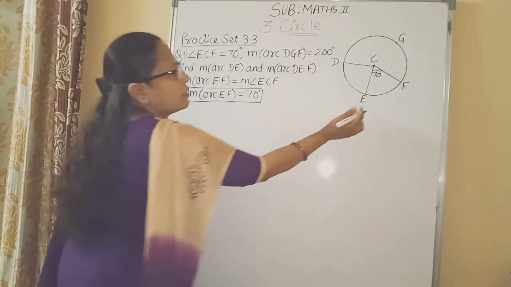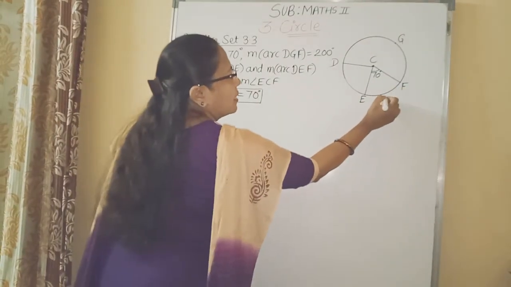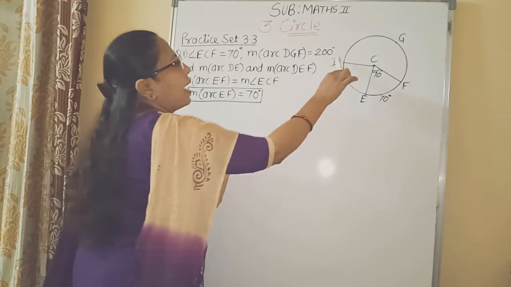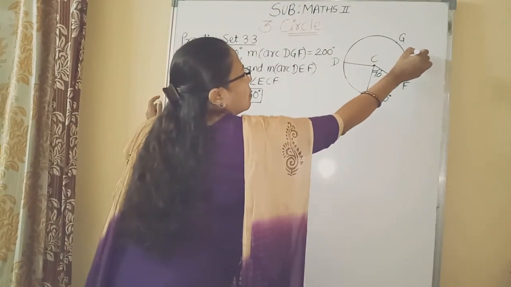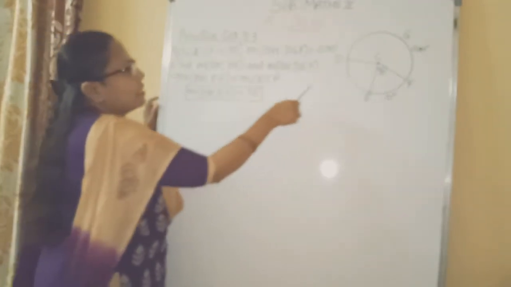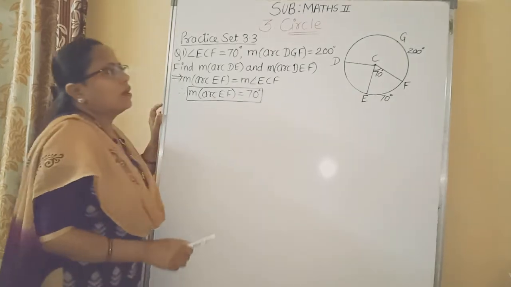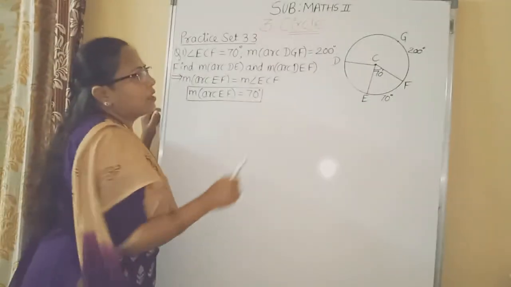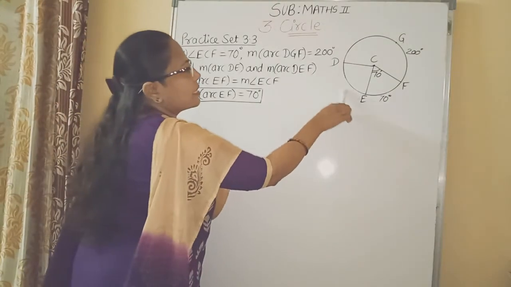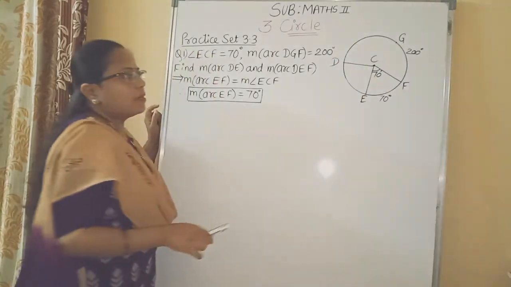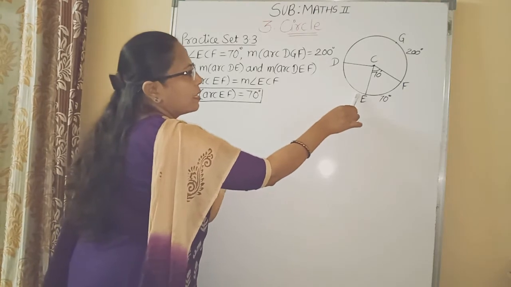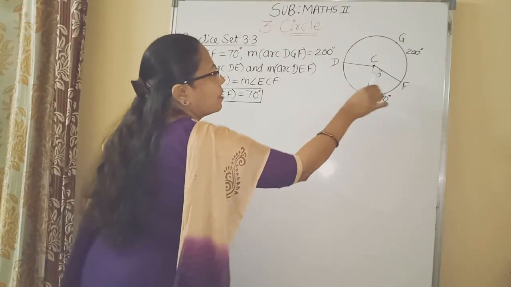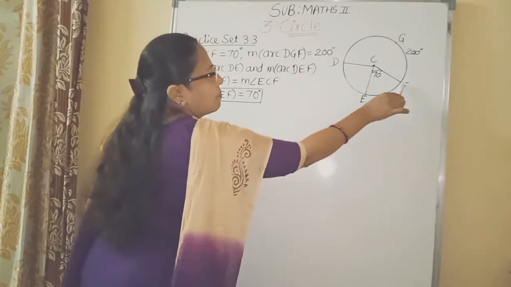This arc EF we got 70 degree, and arc DGF is given 200 degree. And here we have to first find out arc DE. Now students, if you observe the figure, you will come to know that this circle is divided into three arcs: arc DE, arc EF and arc DGF.